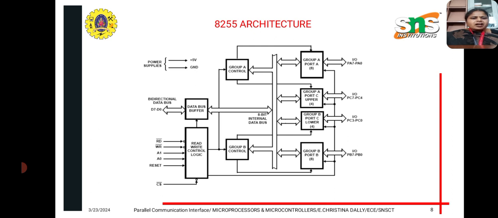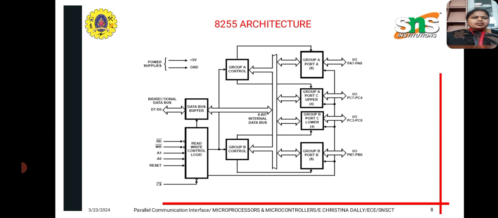Apart from that, we have the reset device. These are all connected to the two types of control, group A and group B. Group A control consists of two blocks, group A port A and group A port C upper. It consists of 8 pins, PA0 to PA7, and it is also bidirectional. Port C upper consists of 4 pins, PC7 to PC4.